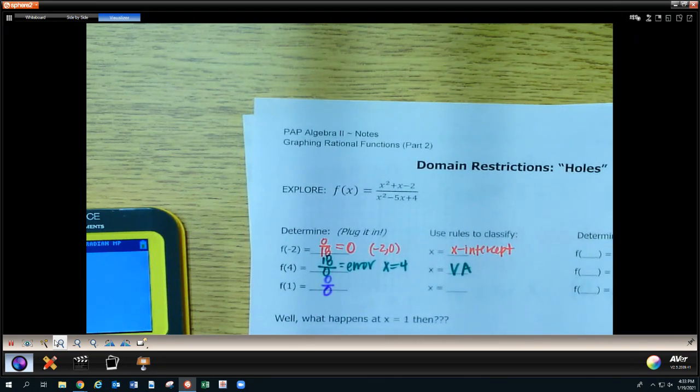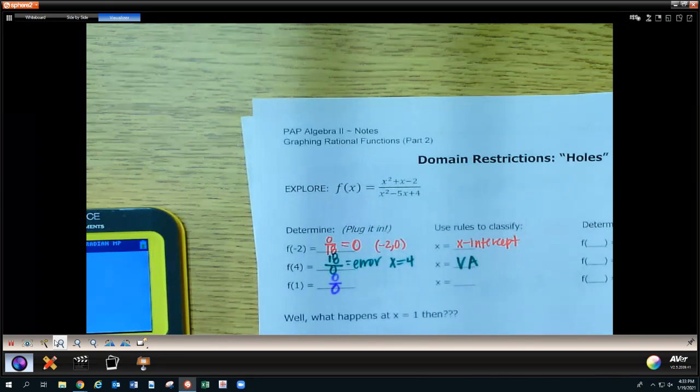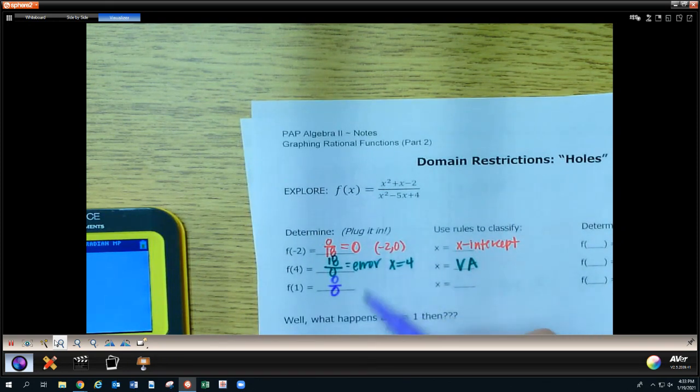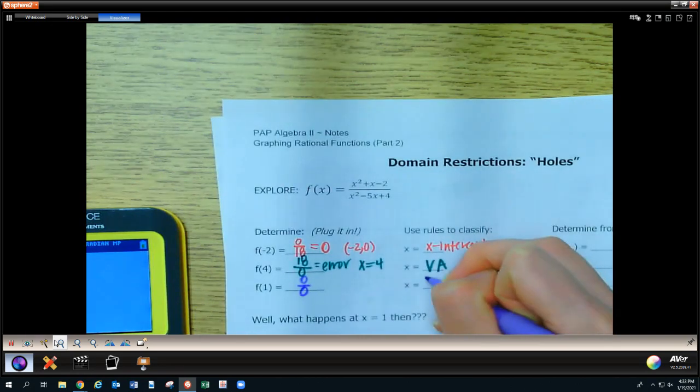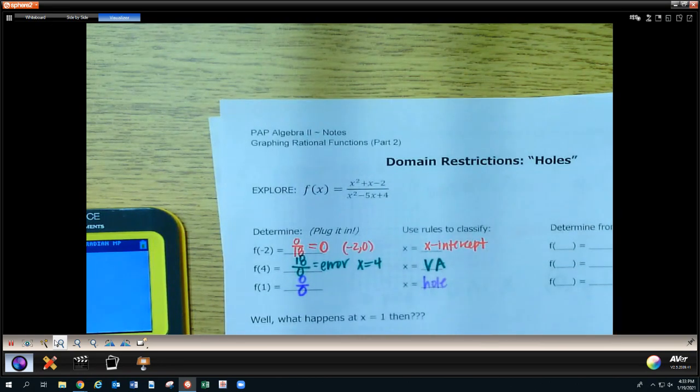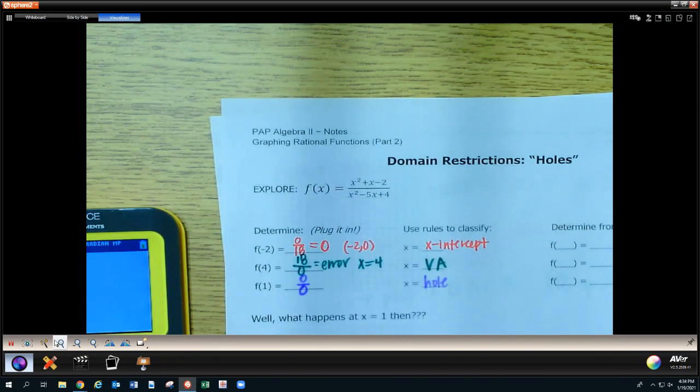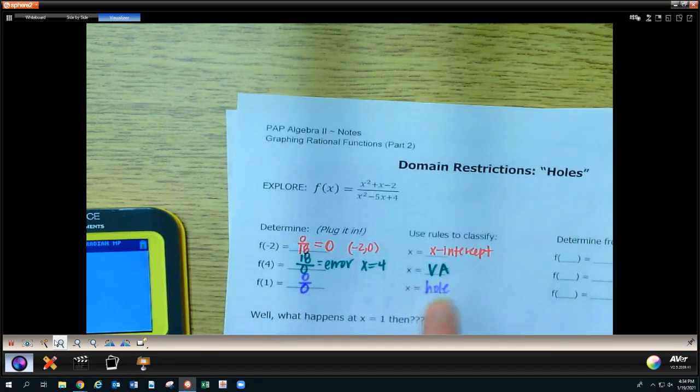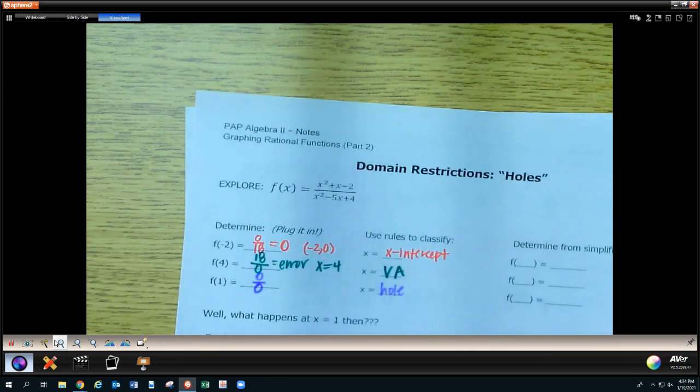So we end up with 0 over 0. It's hard to tell if this is an x-intercept or a vertical asymptote, and it's actually neither. Anytime you have a 0 over 0 situation, that means there's a hole in the graph, also called a removable discontinuity. So at x equals 1, there is a hole.